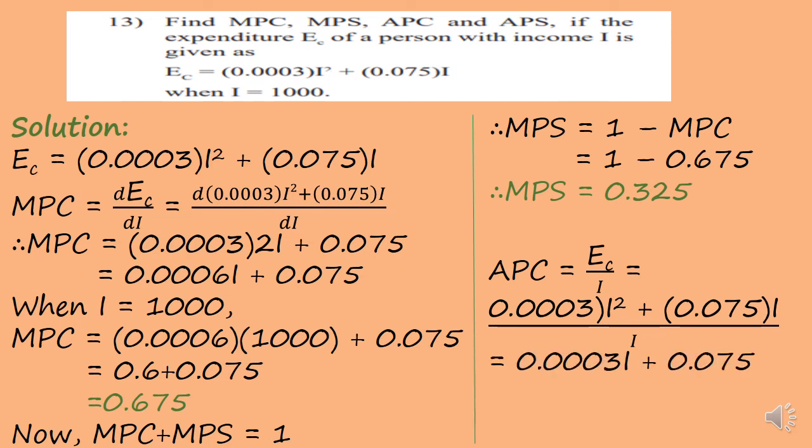Then going further, APC, the average propensity to consume. APC is EC upon I, expenditure upon income, which comes out like this. Thus we get this particular function for APC, which is 0.0003 I plus 0.075.